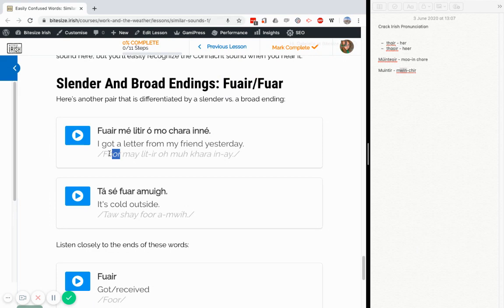If we just, we won't look at this because it's actually slightly incorrect there. So fuair. So we have an actual slender there. Fuair mé litir ó mo chara inné. Fuair mé litir ó mo chara inné. And then we move on to fuar.